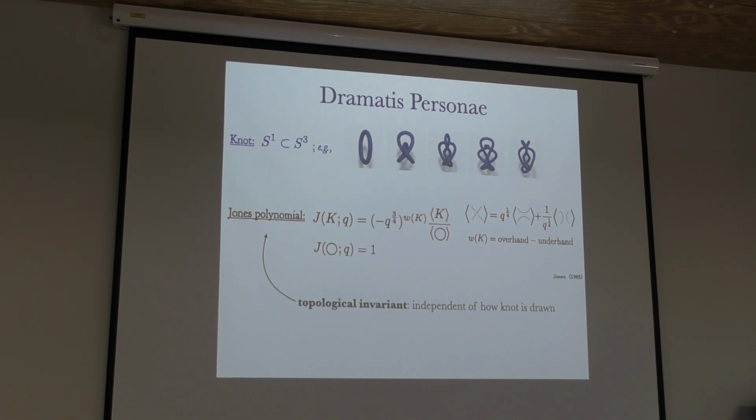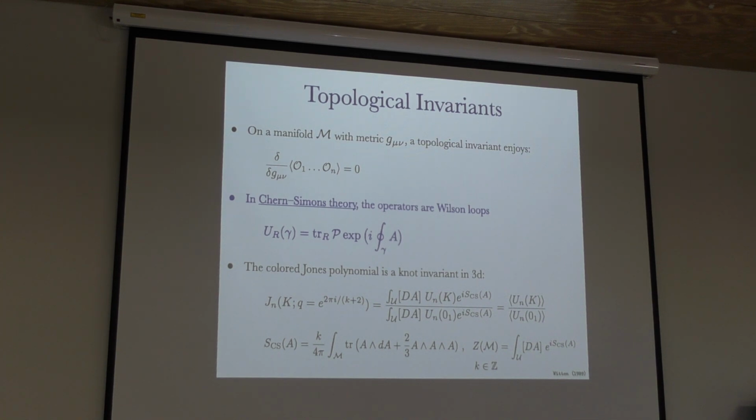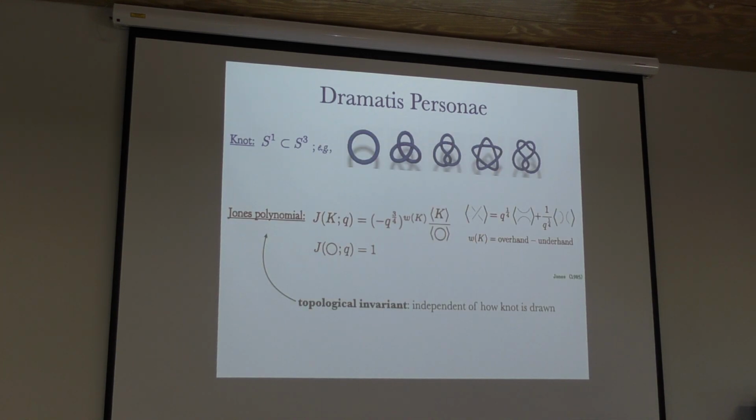Witten realized that you can calculate it this way. So this w is the writhe. It's the number of overcrossings minus undercrossings. If you just look at the knot diagram, how many times is there a crossing above? How many times is there a crossing below? That's where this exponent comes from.